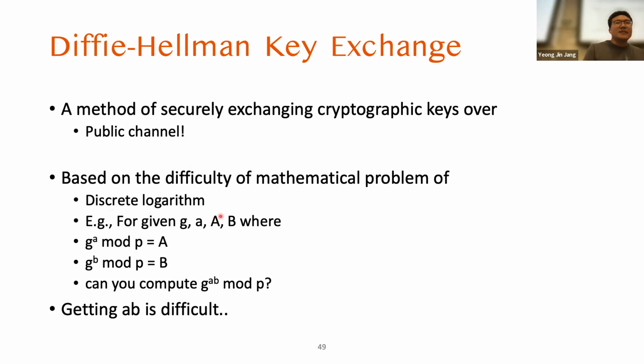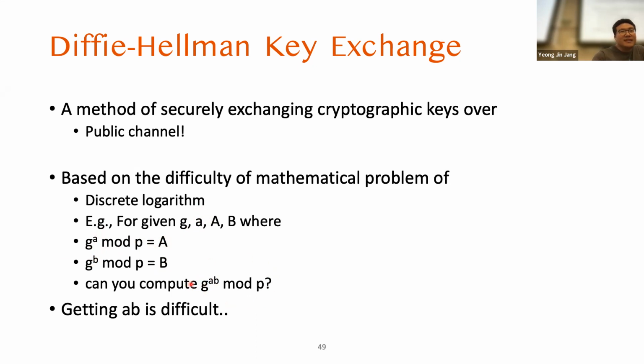What that means is that G and P will be public, so anybody can know G and P. For a and b, nobody knows. But we will leak the capital A and capital B. So in such a case, can you compute this value?